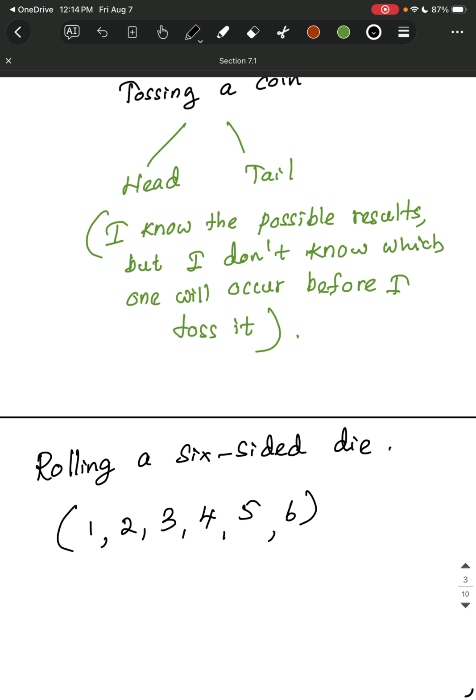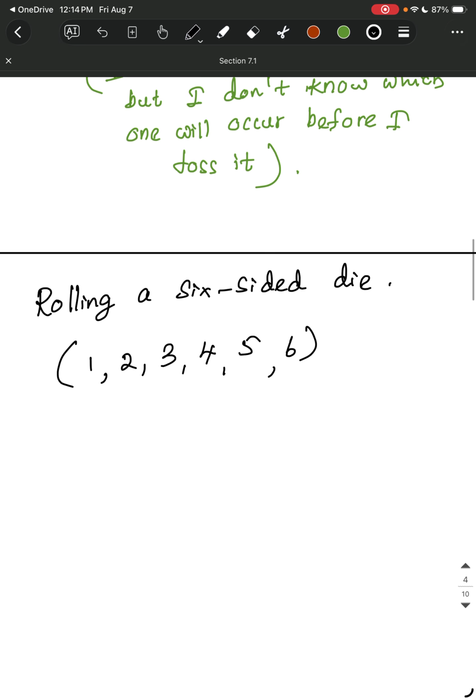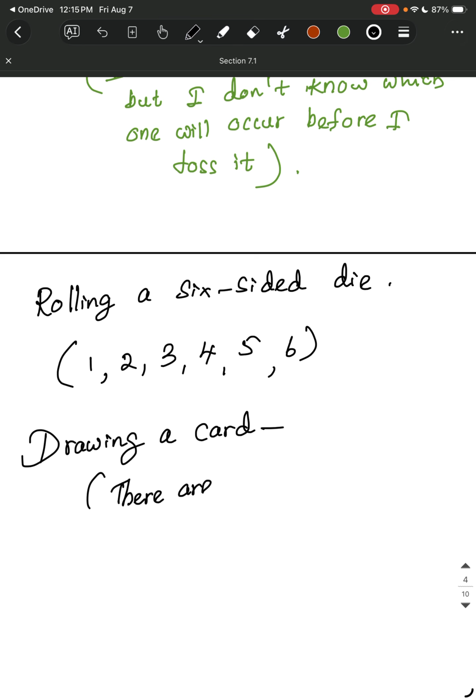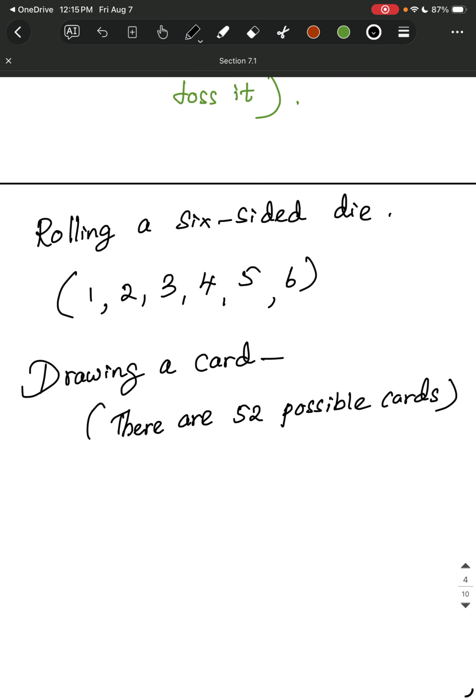Drawing a card from a deck of cards: there are 52 possible results. The important idea is that the result is not known in advance.